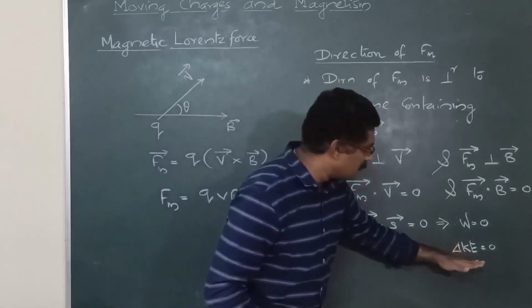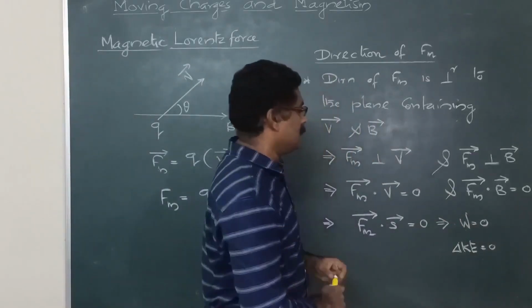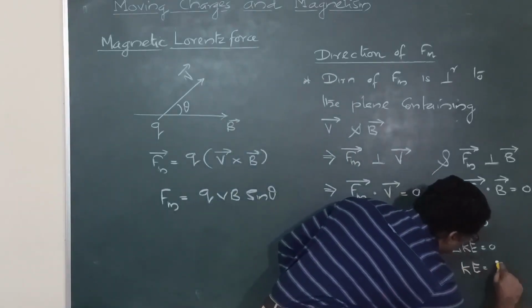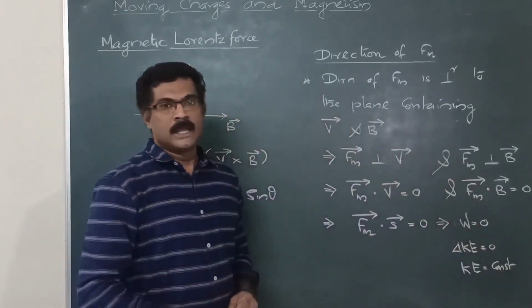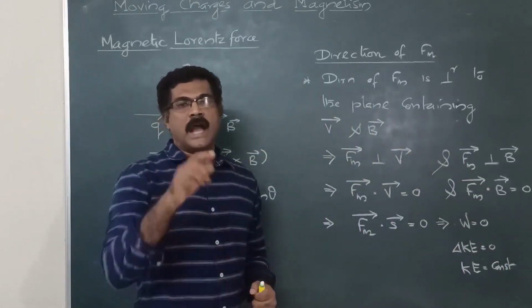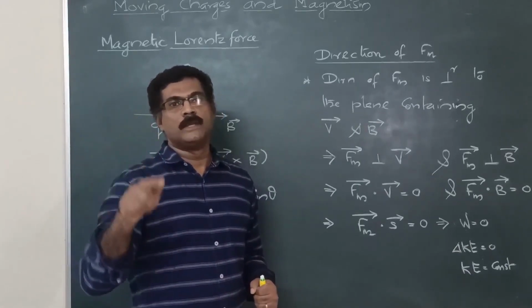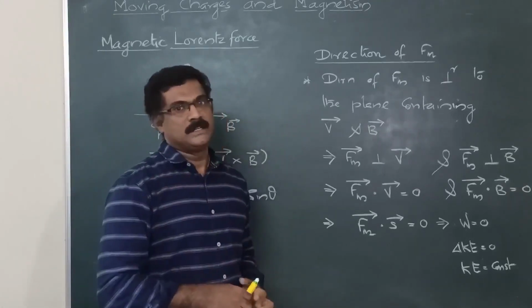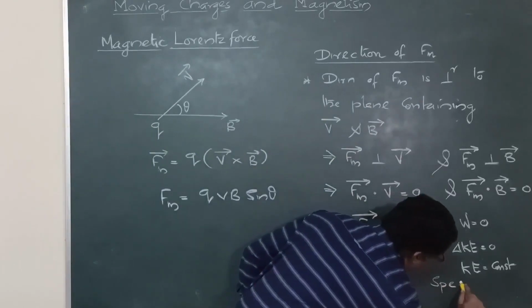What is the meaning of this? The kinetic energy of the particle is constant. Kinetic energy is half mv square, where v square means speed square. So the speed of the charged particle is constant.